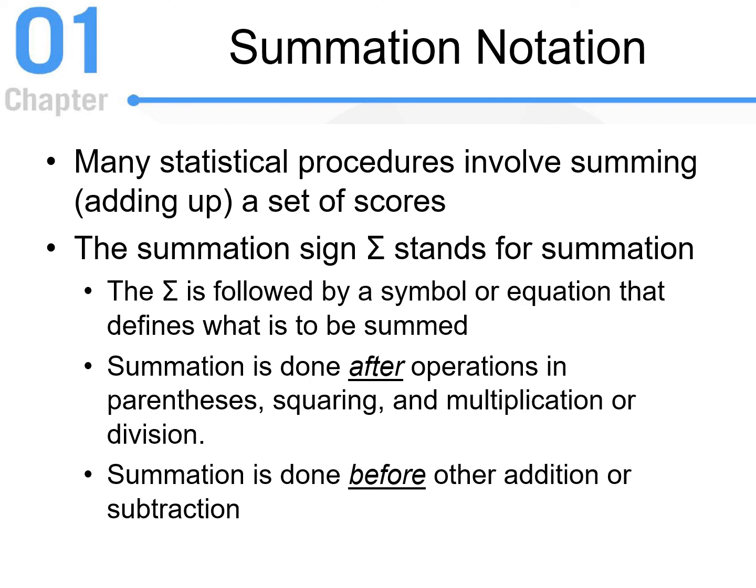So a lot of times you'll just see sum of x. That means add up all the scores that you see. If you see sum of y, that means add up all the y scores. So there are two variables, x and y. Sum of x would be the first variable's scores, and sum of y would be the second variable's scores.